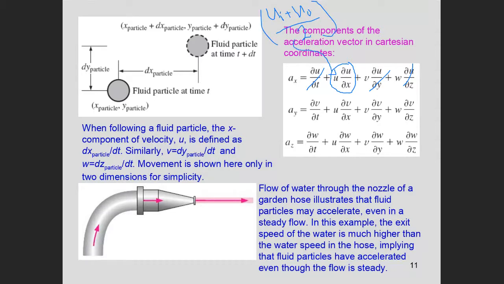Now del u by del x is what? It is u out minus u in divided by delta x. Okay, now this is basically u out square minus u in square divided by 2 delta x, right?